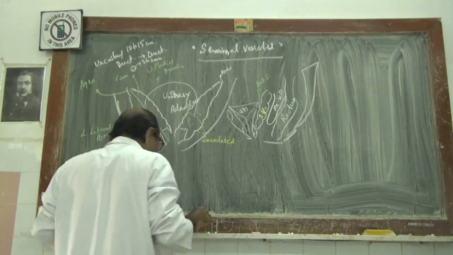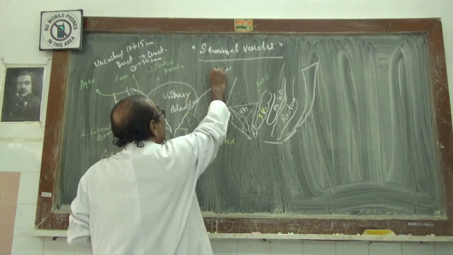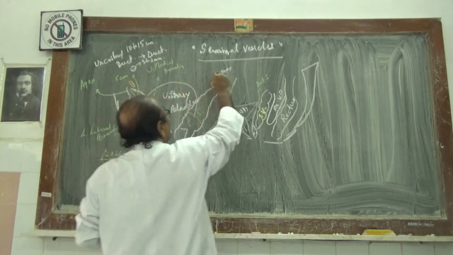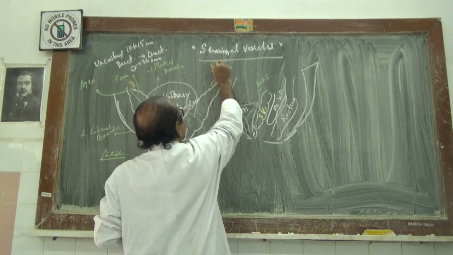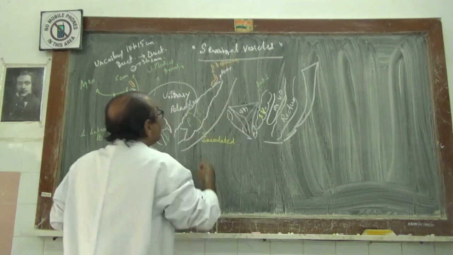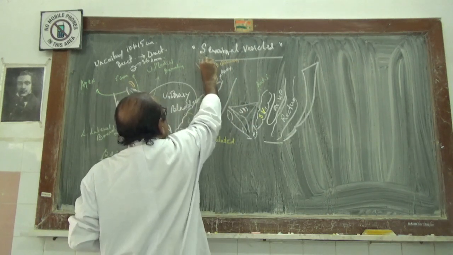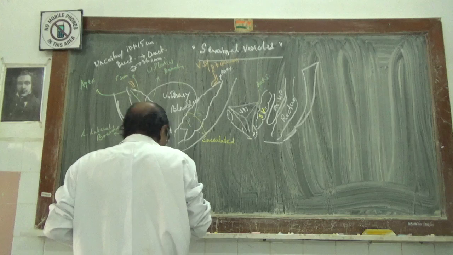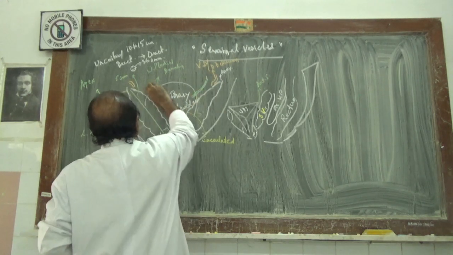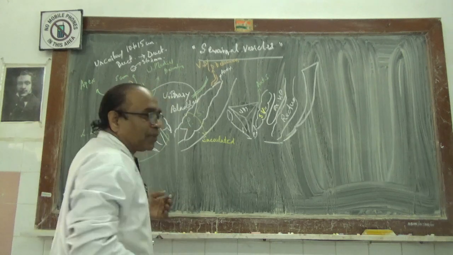Now this apex is related to the ductus deferens, or the vas deferens, and the pelvic part of the ureter.